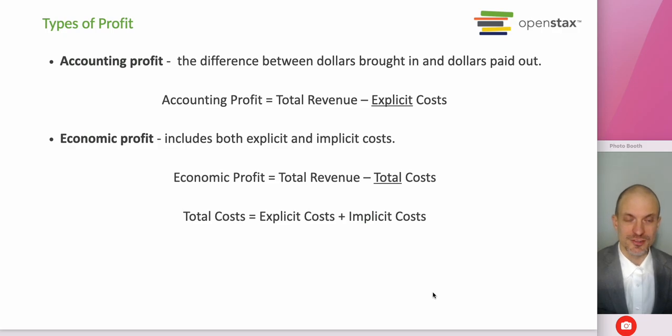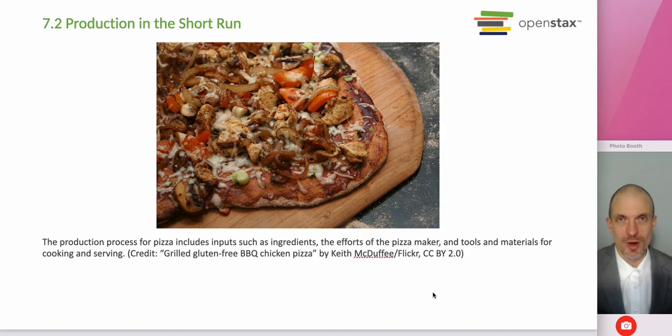As a consequence, when there's zero economic profit, there's still potentially accounting profit if there's the presence of implicit costs. If there are no implicit costs, zero economic profit is also zero accounting profit. But in most examples where we're talking about zero economic profit, there is accounting profit.